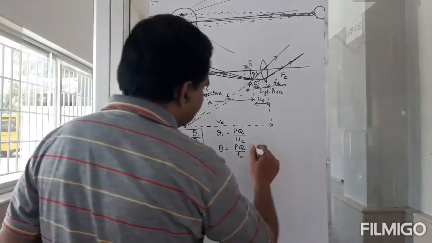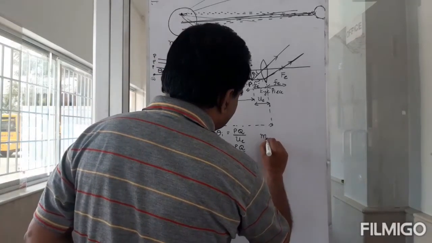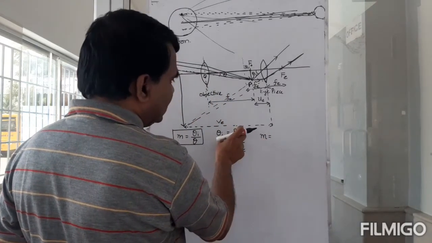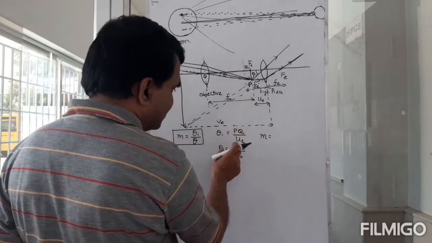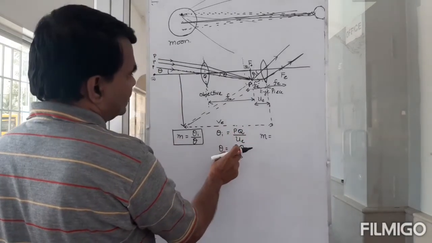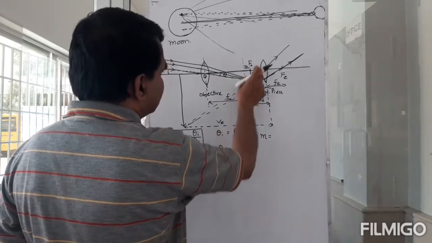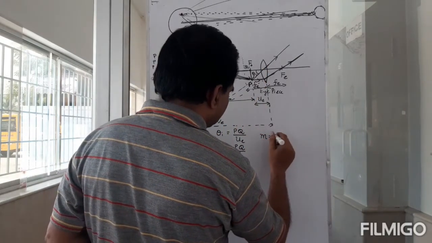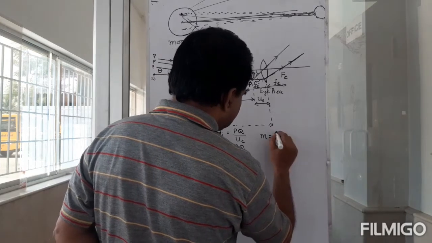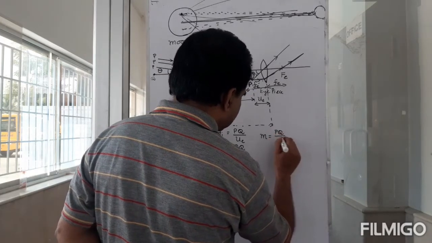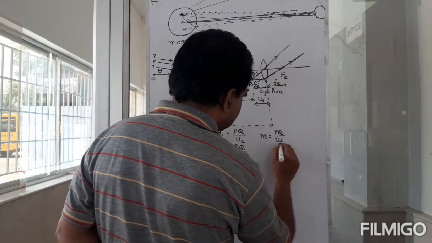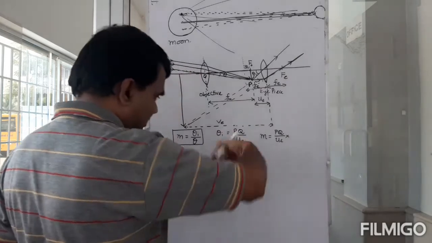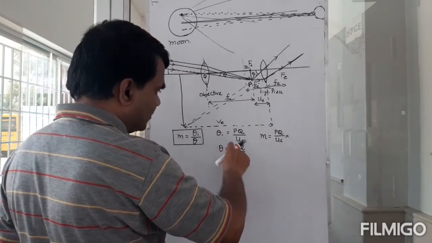So what is the magnification now? The magnification is equal to the visual angle with the instrument divided by the visual angle without the instrument. So the visual angle with the instrument is PQ divided by UE, multiplied by f naught by PQ.